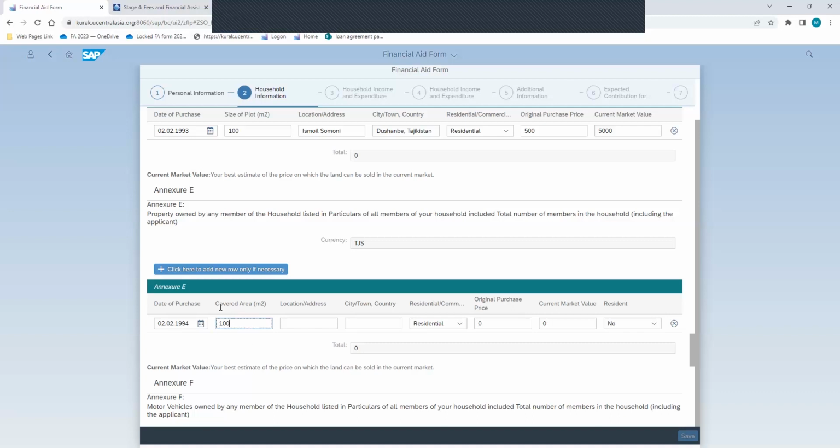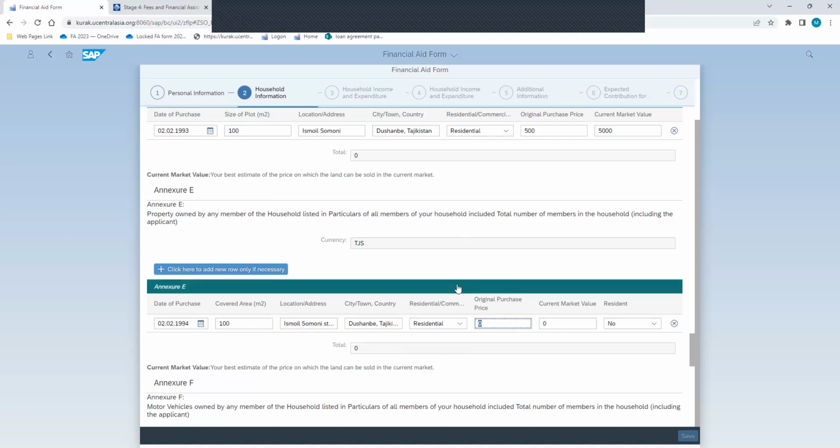I'm indicating 100 here. 100 was already indicated there, so overall, as you remember, it was 200. Location might be the same: Ismail Samoni Street, city town, Dushanbe, Tajikistan. Residential, surely, yes, it's residential.